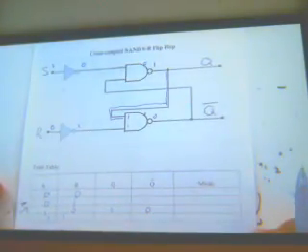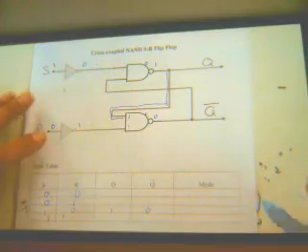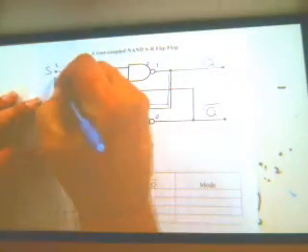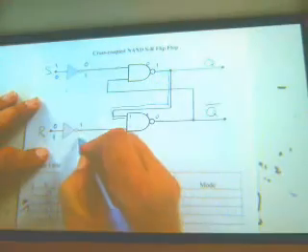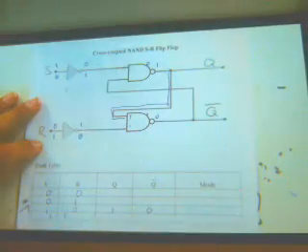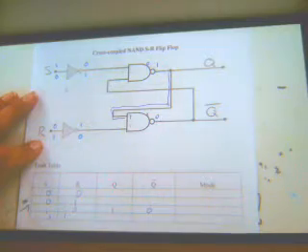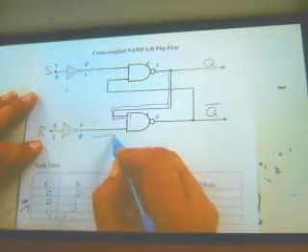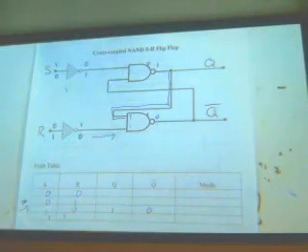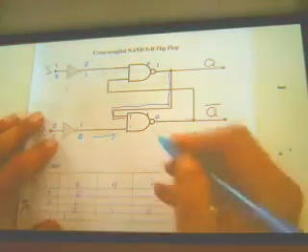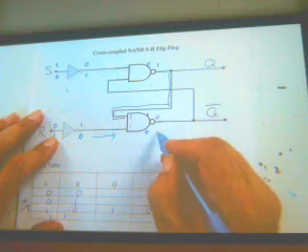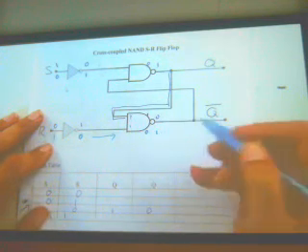Okay, now we're going to go back. We're going to go to reset. And reset now will be 1, and set will be 0. So now we have the inversion of both of those. Okay. So anytime the input to an AND gate is 0, the AND gate is 0. So this is 0, but since it's inverted, the output is actually going to be the 1. So far, so good?